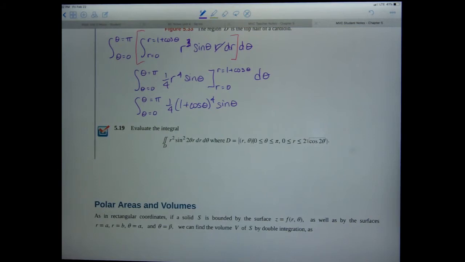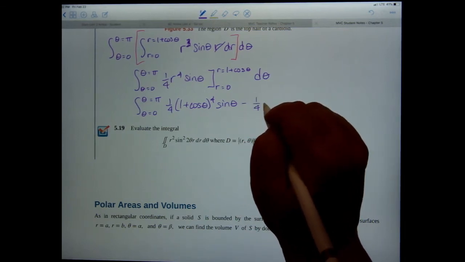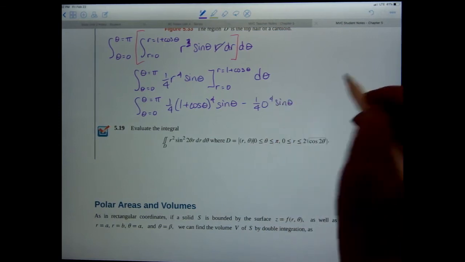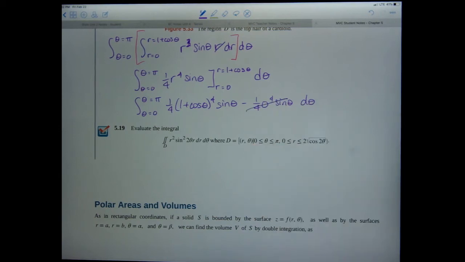So it's 1 minus cosine theta to the 4th. Okay. Minus 1/4 0 to the 4th sine theta. Now if you can do that in your head, you can know that that's going to just be 0 and it goes away.